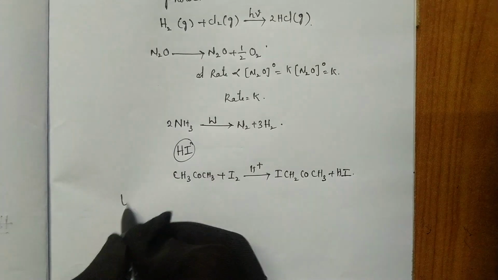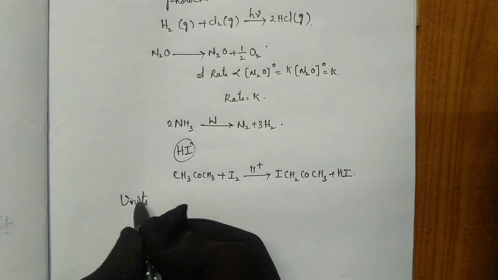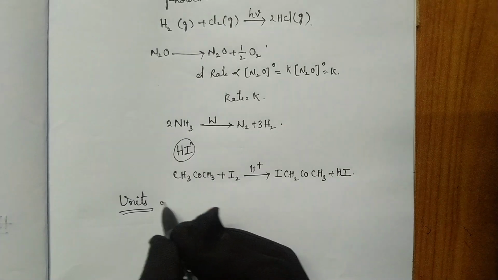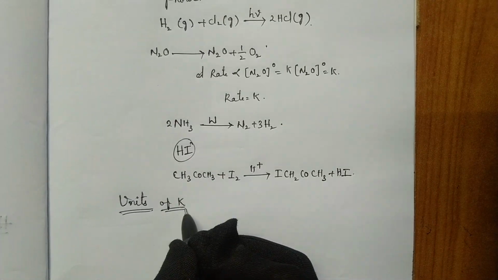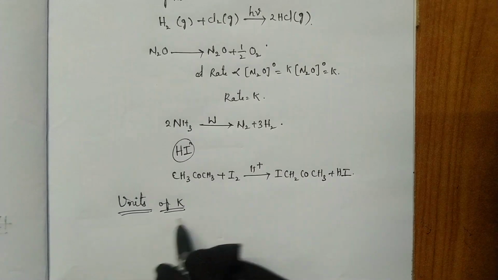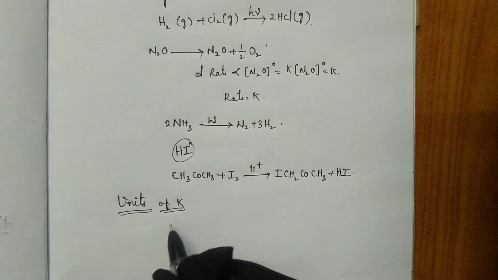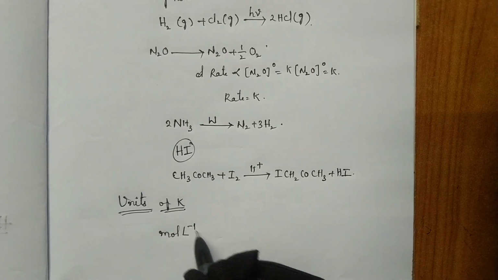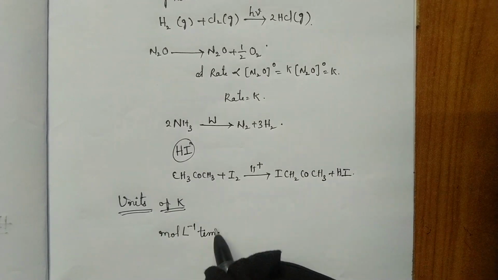Now let's see the units for the rate constant of a zero order reaction. Generally the units for the rate constant of a zero order reaction are moles per liter per time.